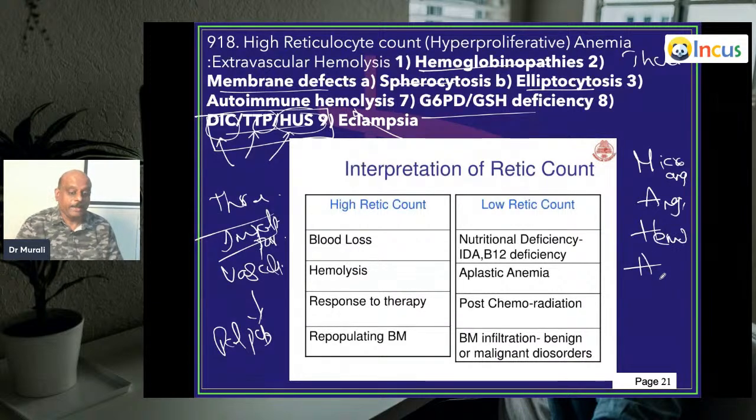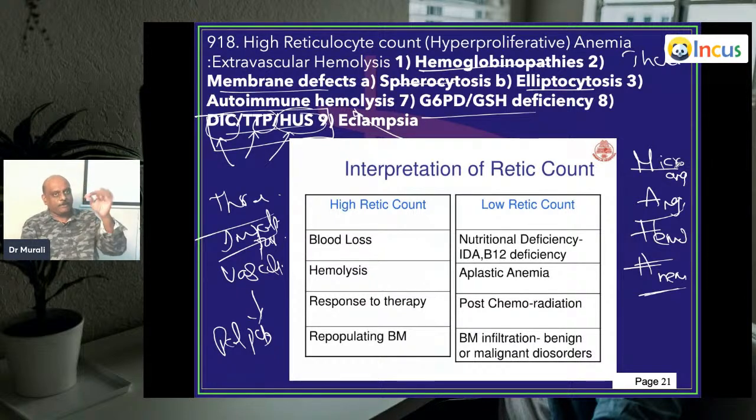Why are they called like that? We will discuss TTP in great detail later. We'll come through the blood vessel. When the RBC is passing, it needs to squeeze through the thrombi which are formed, and it gets broken. So microangiopathic, because it's a small vessel, hemolytic anemias is what you have to remember.